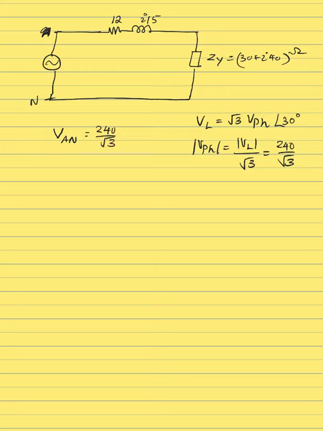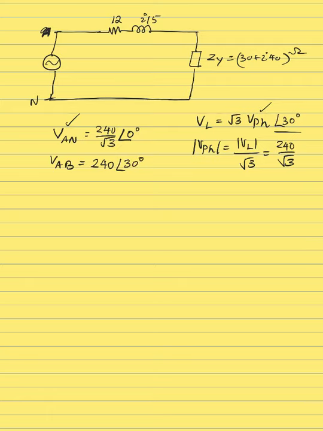Since we have been advised to use V_AN as the reference phasor, I'm going to say this has an angle of 0 degrees. It doesn't matter whether you consider the 30 degrees here or not. It will matter when you write V_AB from here: V_AB will have an amplitude of 240, but its angle, considering AN has an angle of 0, will be 30 degrees.